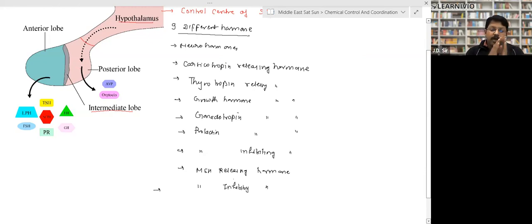Look, the releasing hormone will cause release of that hormone. Inhibiting hormone will cause the stop of that hormone. That's it, right? That is their function.